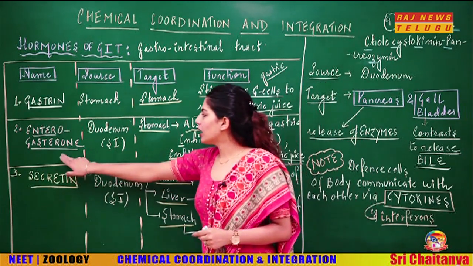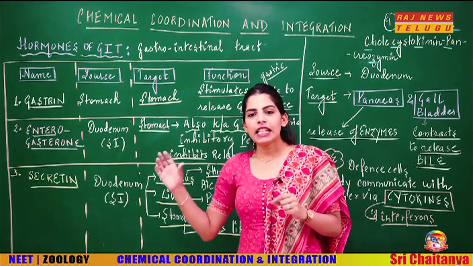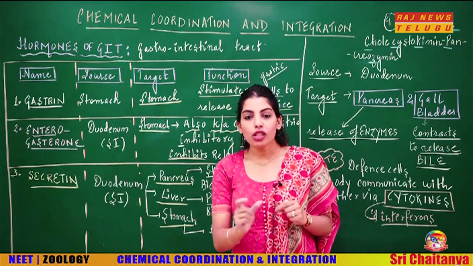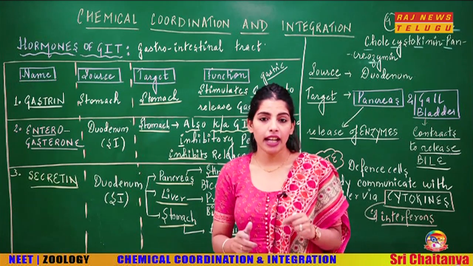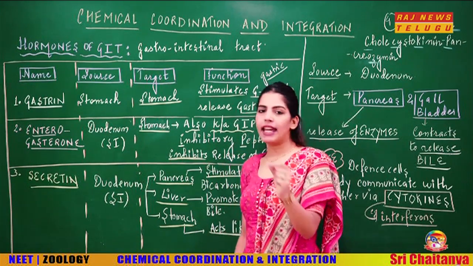Alright, talking about the other hormone, enterogastrone. Can you easily understand the term entero? You have read somewhere that it is related with your small intestine, and gastrone again means stomach.